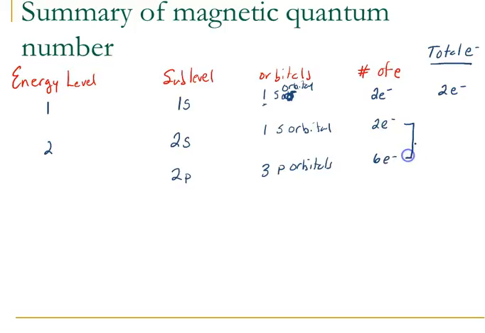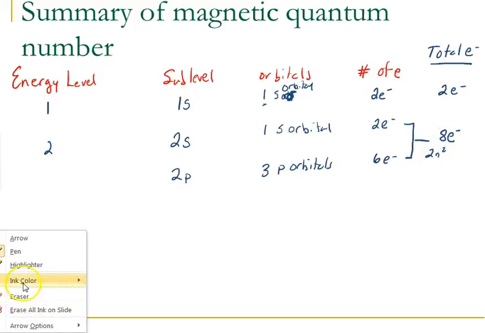That gives a total for the second energy level of 6 plus 2, 8 electrons. And also remember 2 times n squared gives the total number of electrons on an energy level. If we're on energy level 2, then 2 squared is 4 times 2 is 8 electrons.